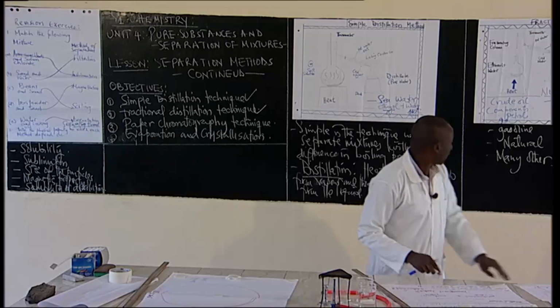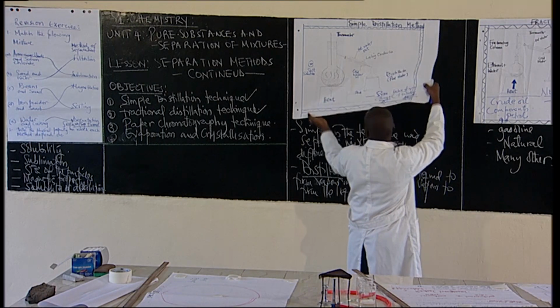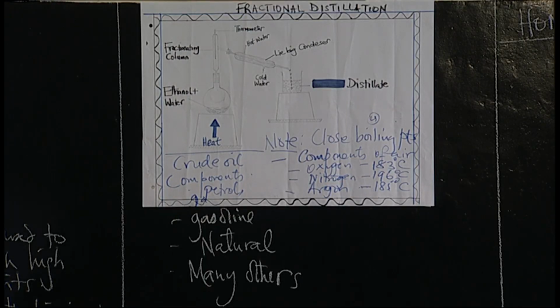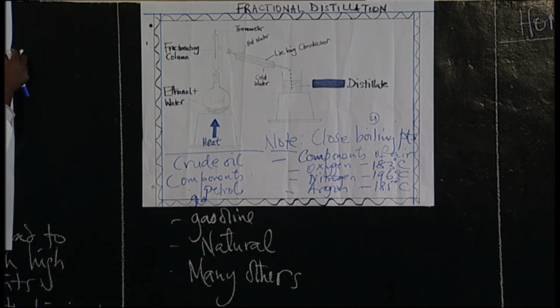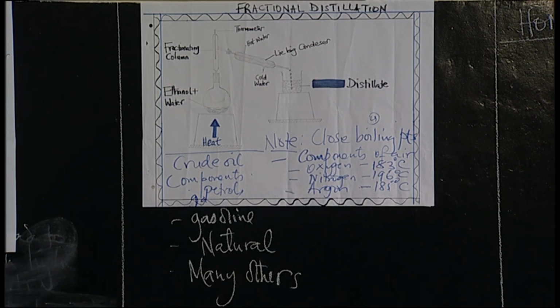You'll allow me to remove this one, and then we look at paper chromatography in the next step, which will be another method that can be used to separate components. I hope you were taking note, and therefore you have it in your notes.